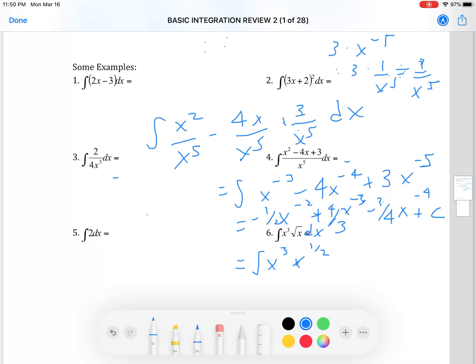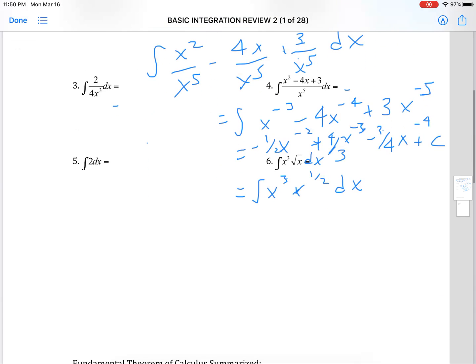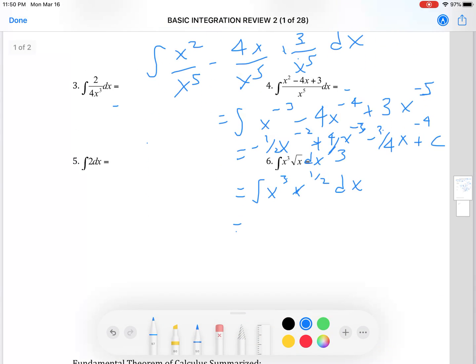So let's see, we have a whole number and then we have a mixed number. So what we may want to consider doing with this is write 3 as something over 2. So 6 over 2 is equal to 3. We'll call this x to the 6/2 times x to the half dx.